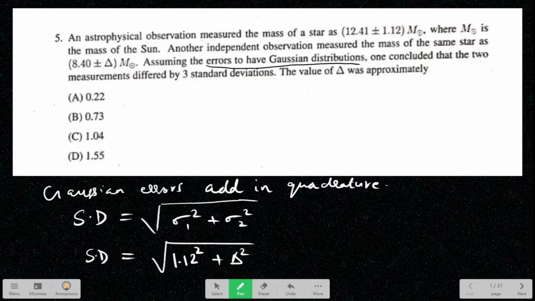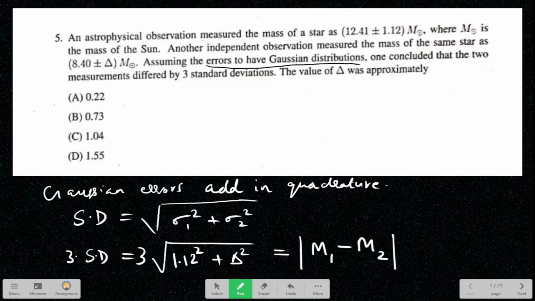Now we are told that the two measurements differ by 3 standard deviation. So 3 into standard deviation is equal to 3 into root of 1.12 square plus delta square. This is equal to the difference in two measurements. Let's say measurement 1 is m1 and measurement 2 is m2.